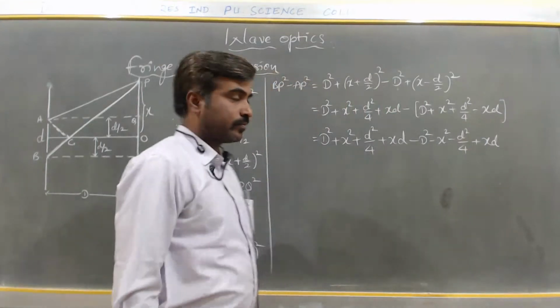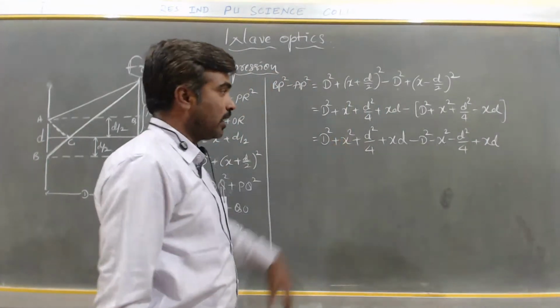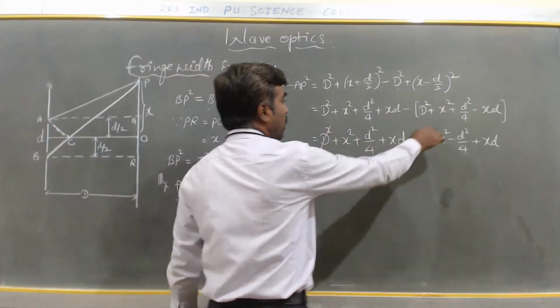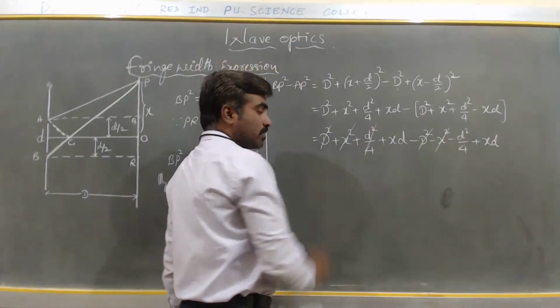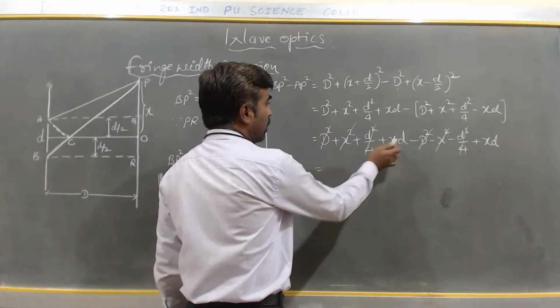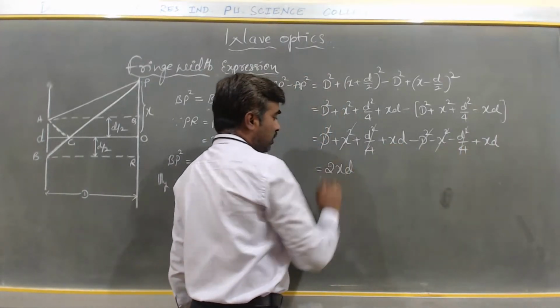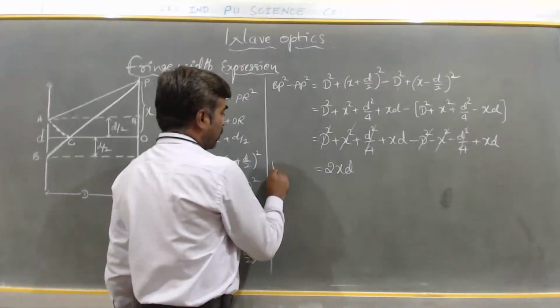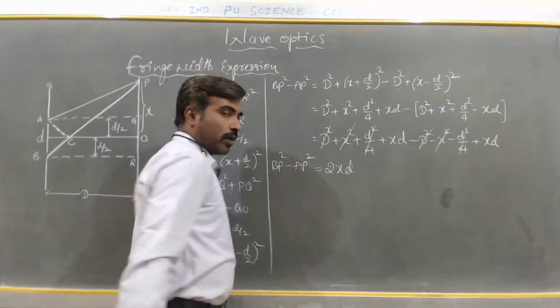Here almost all the terms will get cancelled except the XD, plus D square minus D square, plus X square minus X square, plus D square by 4 and minus D square by 4. The remaining value is XD plus XD, which is 2XD, where the value is BP square minus AP square.